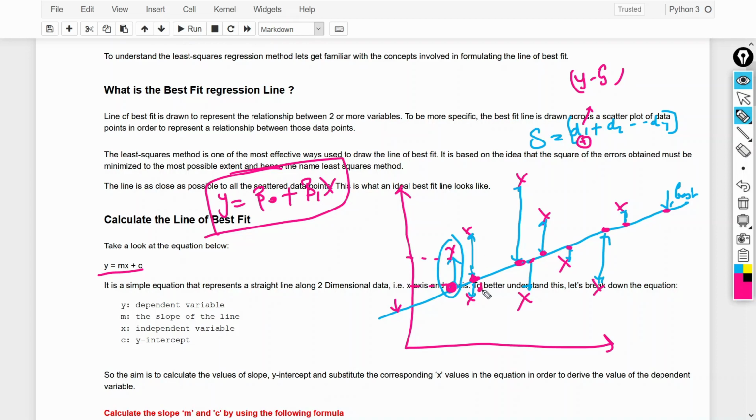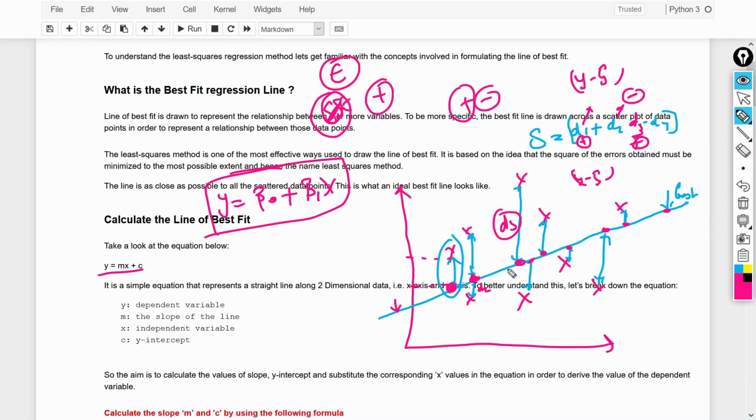Let's say this is your d2. d2 means y minus y hat, but in that case the predicted value will be more compared to the actual value, so this will be negative. Same for d3. Let's say this is your d3, so d3 will be positive. In this way your positive and negative values will cancel each other out and we will not be able to calculate the error.